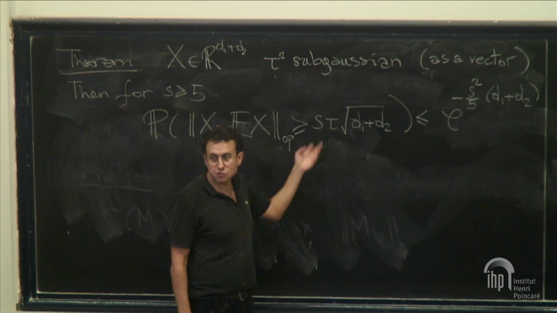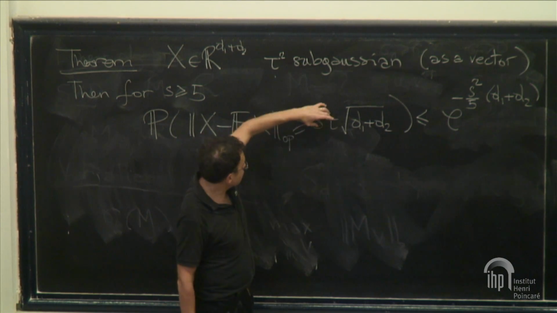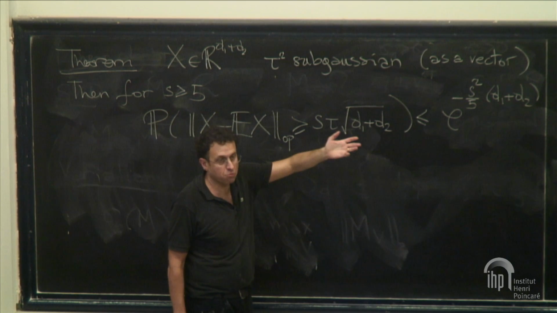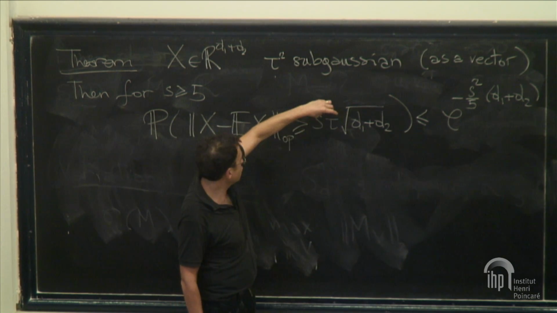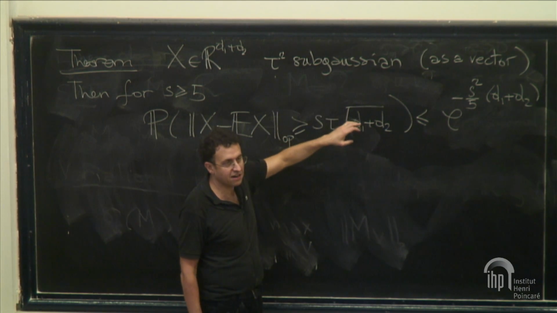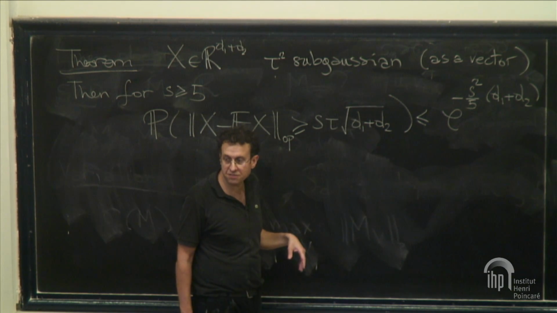So there is one part of this formula that is kind of trivial. Of course, if you scale the matrix by 2, its norm will be scaled by 2. So this norm must be proportional to tau, if you get any bound at all. What is really surprising here, if you never saw this, is that you get the square root of the dimension.